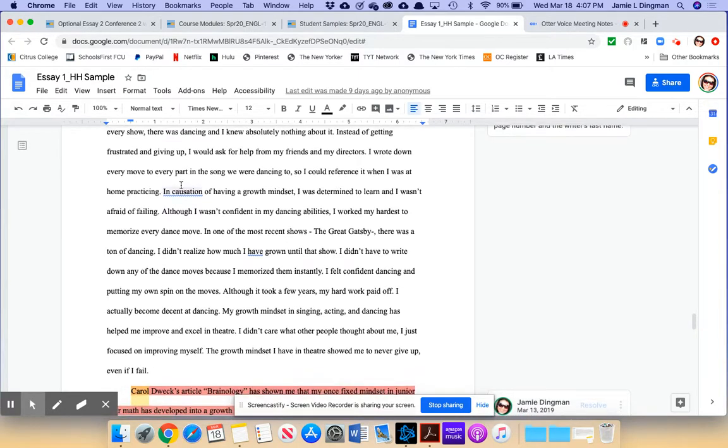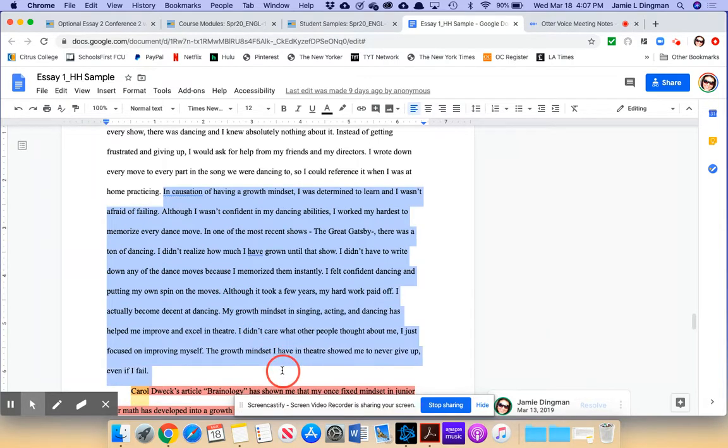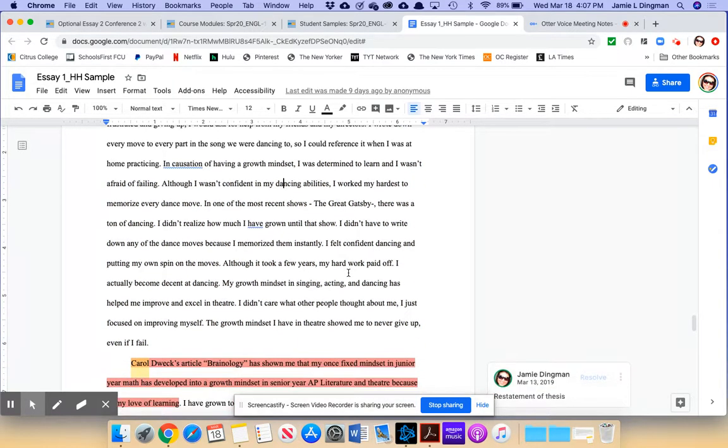And then here towards the end, I like what she's doing where she's explaining to us how having that growth mindset in theater really helped her improve her abilities, right? She's showing the outcomes of what having a growth mindset looks like, right? That she, without even realizing it, has improved, right? Because she was putting in that hard work. And that's what she says here.